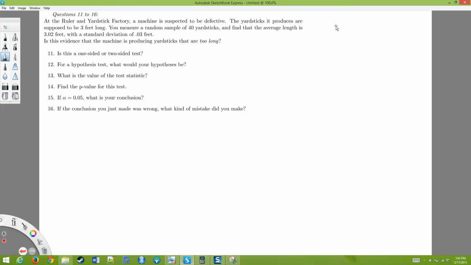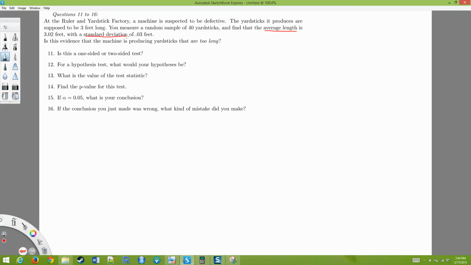Okay, well, first off, what's the very first thing we have to do? We have to decide if we have one sample or two samples, are we dealing with means or proportions? So what are we dealing with? Means or proportions? Okay, so it says we're looking at the average length, and we also see standard deviation.